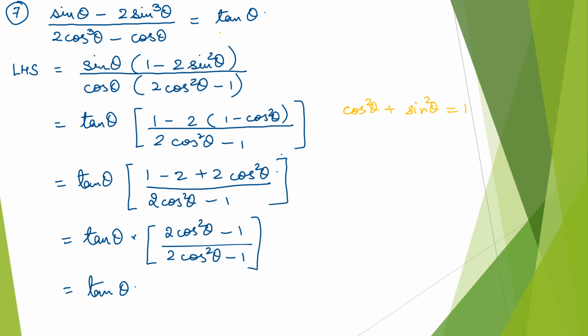So when I expand it, 1 minus 2 plus 2 cos square theta, this will become 2 cos square theta minus 1. So this gets cancelled, and these two get cancelled, and you will get is equal to RHS. Simple.